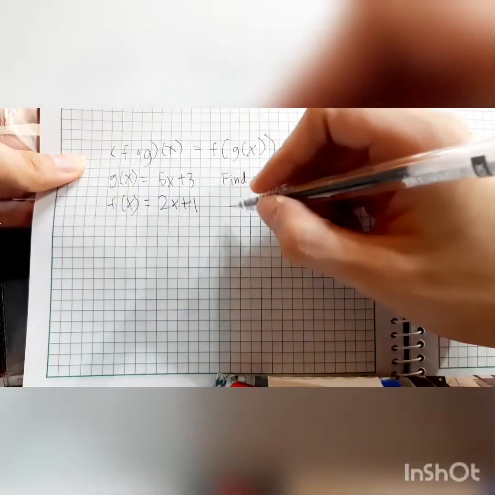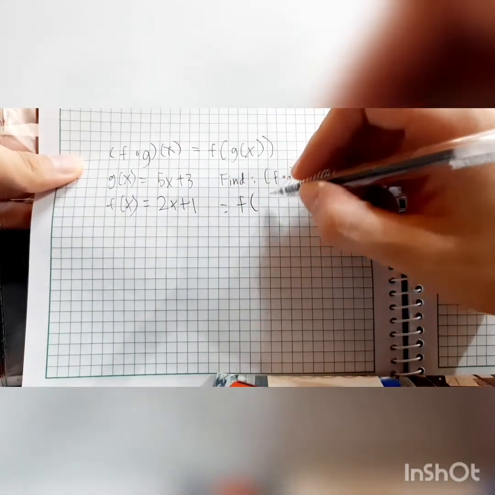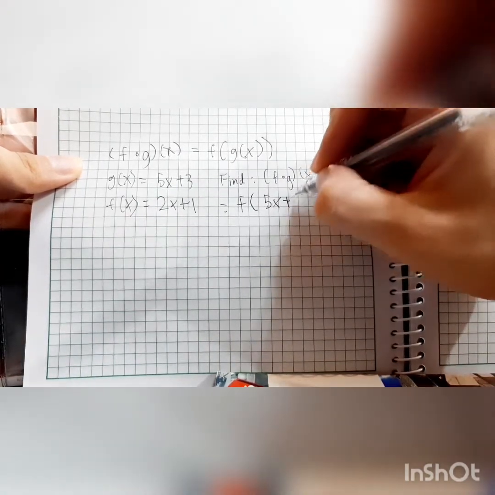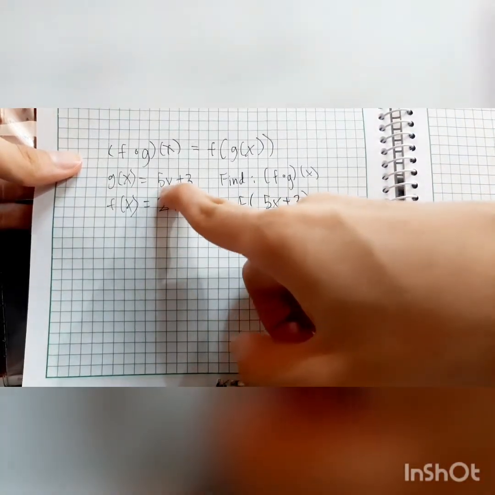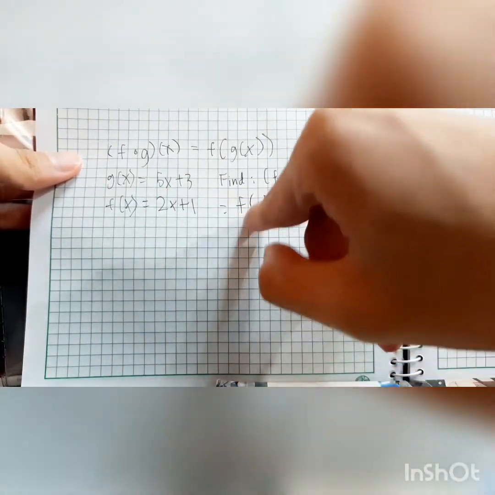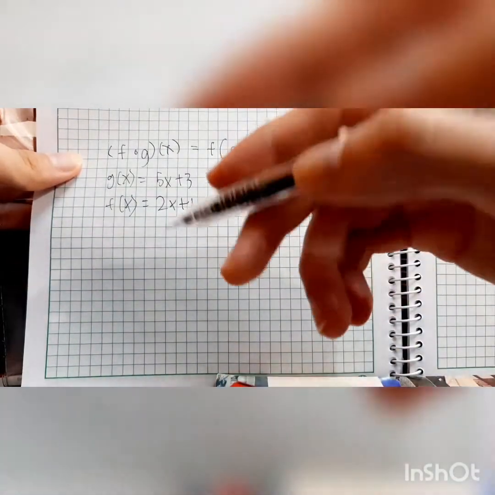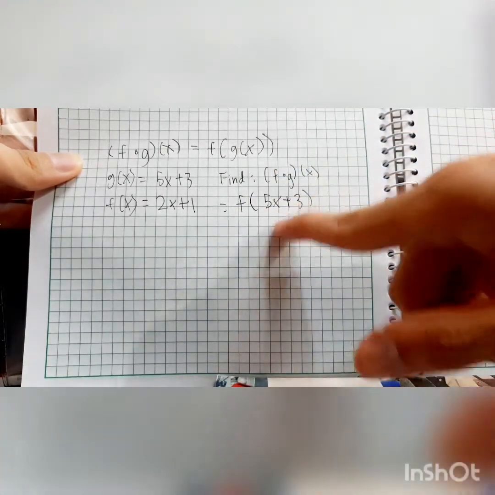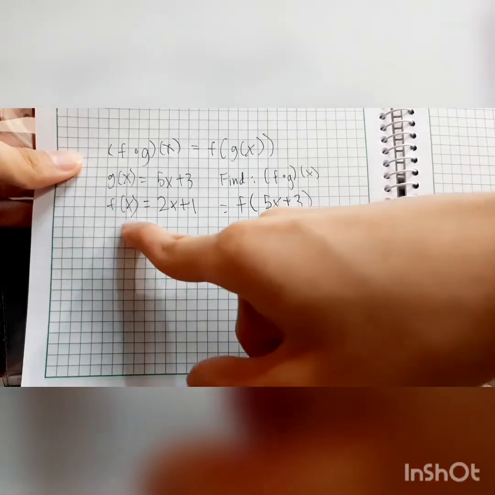So, f of, or you can say parenthesis, 5x plus 3. See? We substituted our g of x. We placed it, we plugged it in f of x. Now, since we're done with that, we're going to be plugging our 5x plus 3 in this equation of f of x.